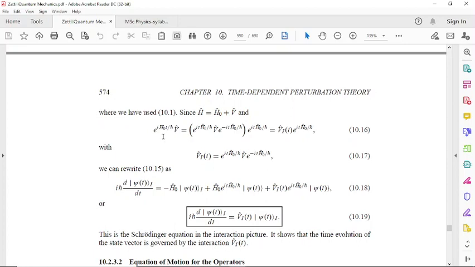Then e power i H0 t by h cross V, we can write as e power i t H0 by h cross V e power minus i t H0 by h cross e power i t H0 by h cross, which is equal to the potential in the interaction picture V_I of t e power i t H0 by h cross.